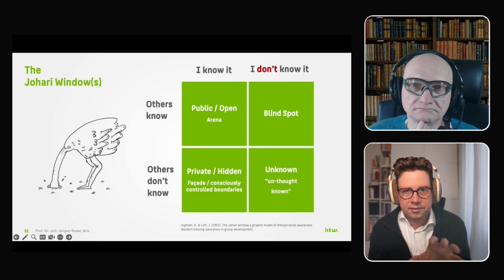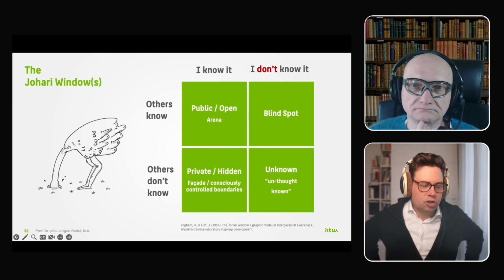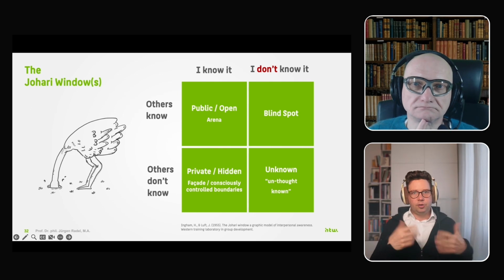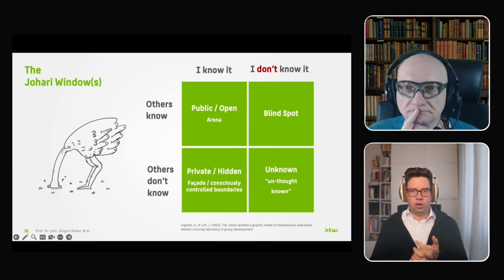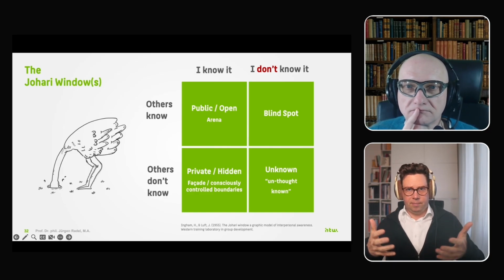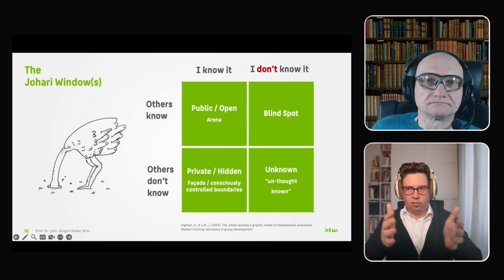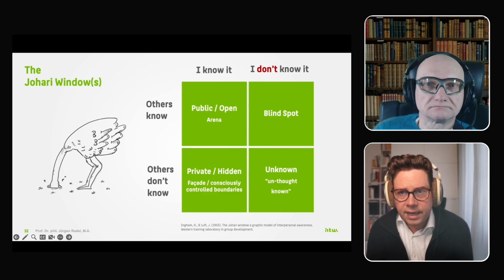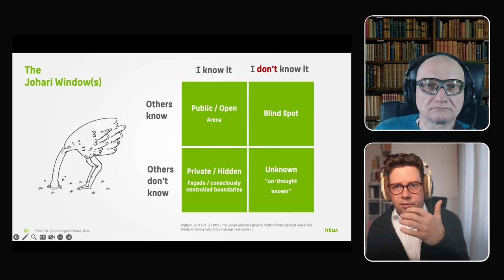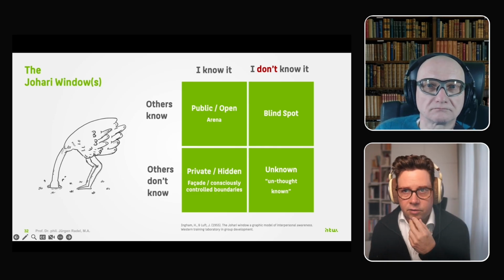And the last part, the unknown or the unthought known, this is a super interesting part. And that is very hard to tap into, the unknown aspects. And you need to form hypotheses about that. For example, if we look at Roland and myself, you will see the public part is there is a bookshelf behind Roland.